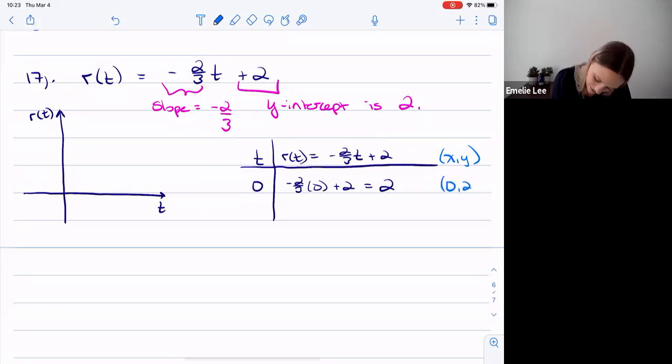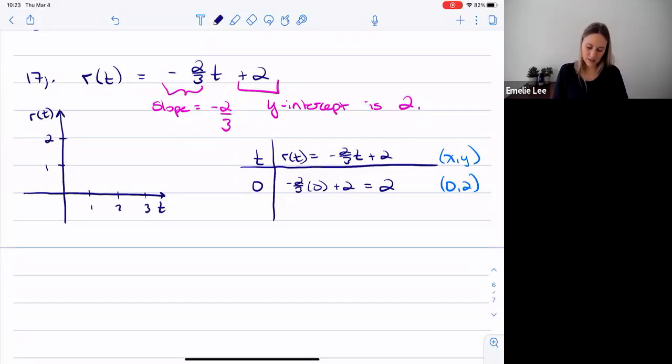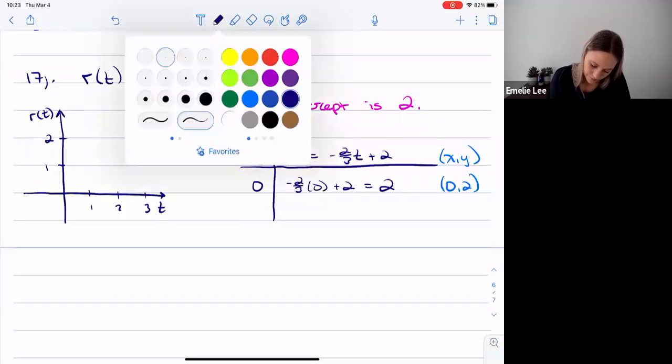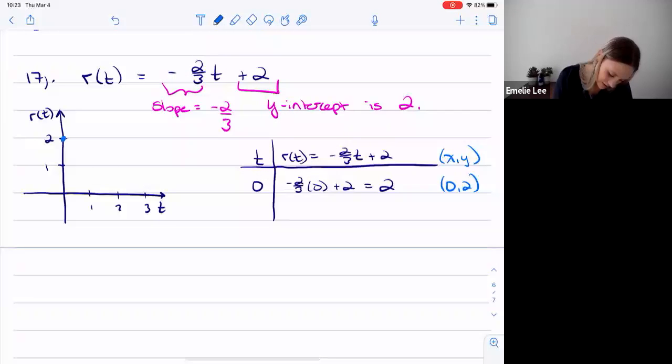So in this case, I've got a point at 0, 2. If I make fake little grids here, with 1 and 2, and then 1, 2, 3, something like that, my first point here is at 0, 2.